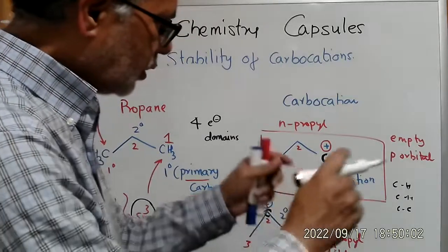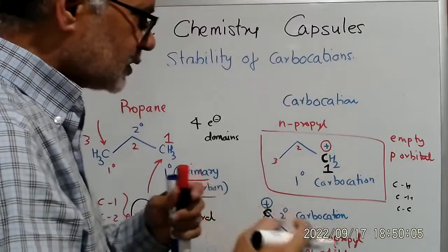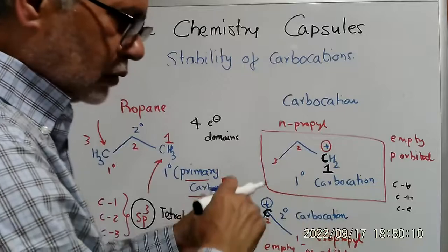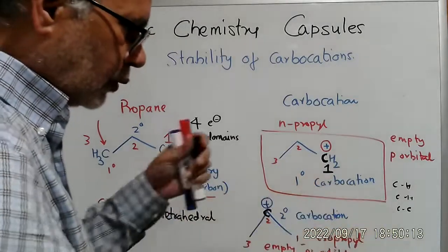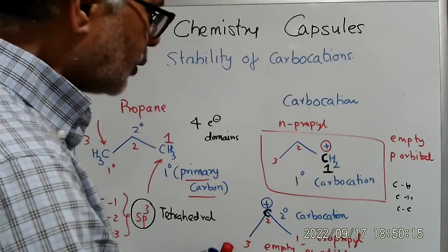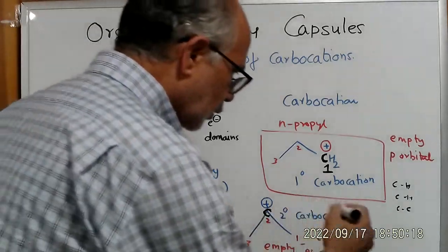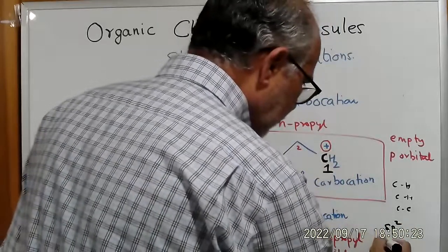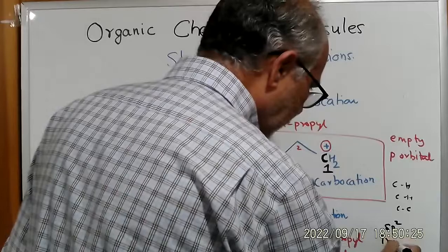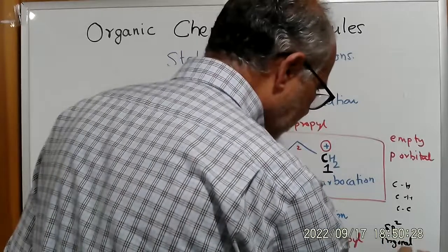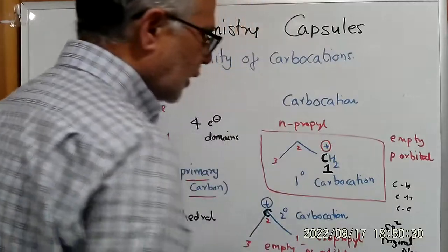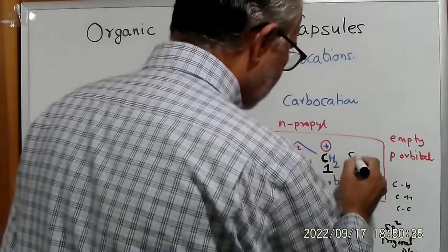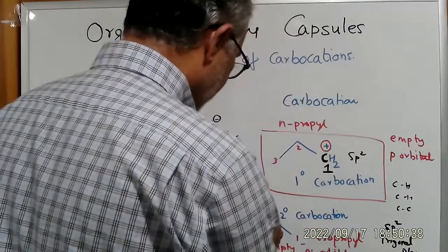And for those 3 bond pairs, the best option to keep the optimum distance between them and minimize electron repulsions is to assume sp2 hybridization. That is the trigonal planar geometry, and the carbocation carbon becomes an sp2 hybridized carbon.